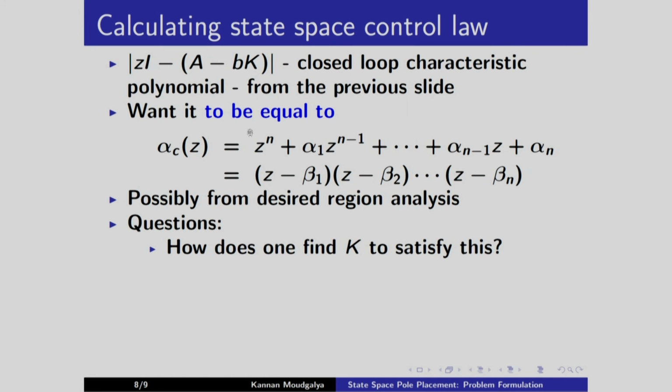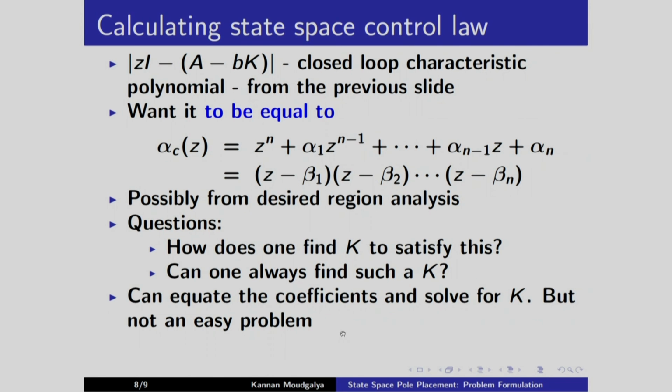What are the unknowns? K is the unknown, k1, k2 all the way up to kn, A and B are given. So the question is, how does one find k to satisfy this, and can one always find such a k?